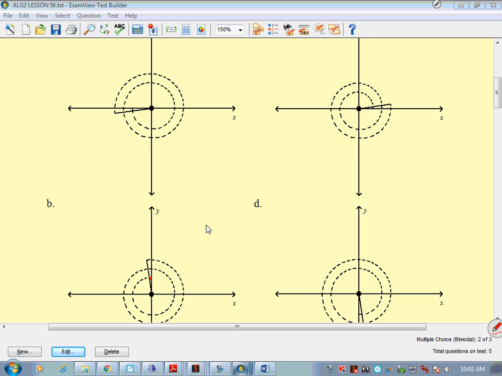Does D start from the positive x-axis? No, starts right there. Starts at the negative y-axis, right? Where it starts from is going to be that most inner part, okay? All right, so we know that C is our answer, but let's consider this. Okay, from here to there is how many degrees? 360, okay? And if I go around again, I've added another 360 degrees to it, right? What's 360 plus 360?